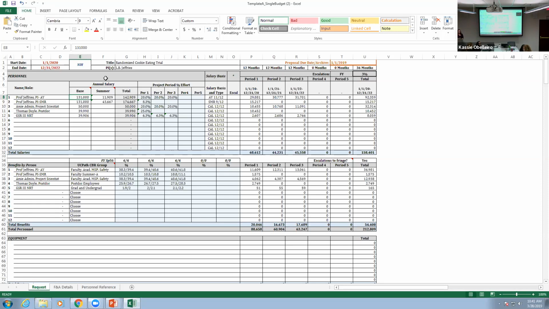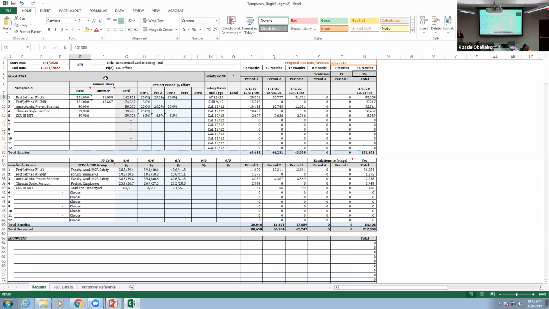So let's look at somebody who makes 100,000 as their base salary. Three different examples. If they have a 12-month appointment, their annualized equals that 100,000. That's the most they can make in 12 months.